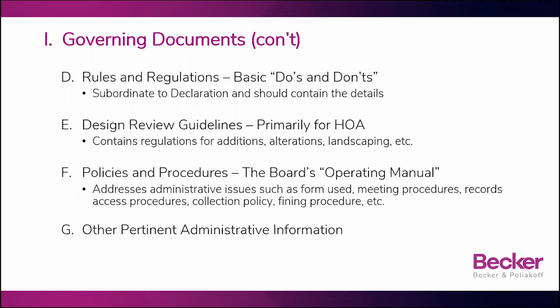And the problem there is that unless you are a 55 and over community, having minor children is what's known as familial status. And that is a protected class under the Fair Housing Act, just like race, color, creed, national origin, and disability.